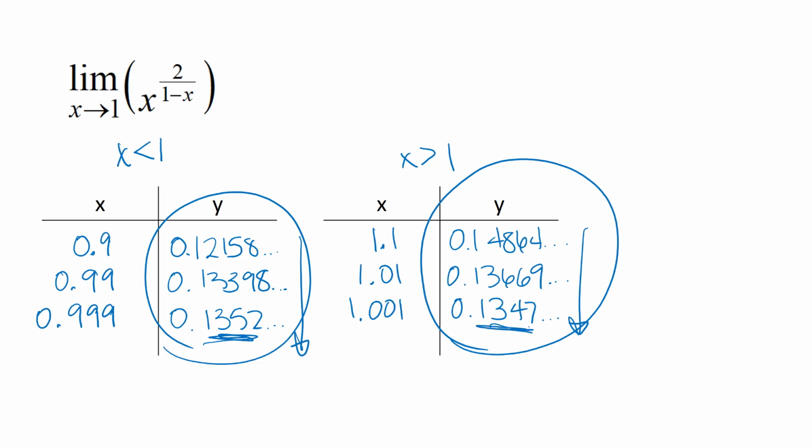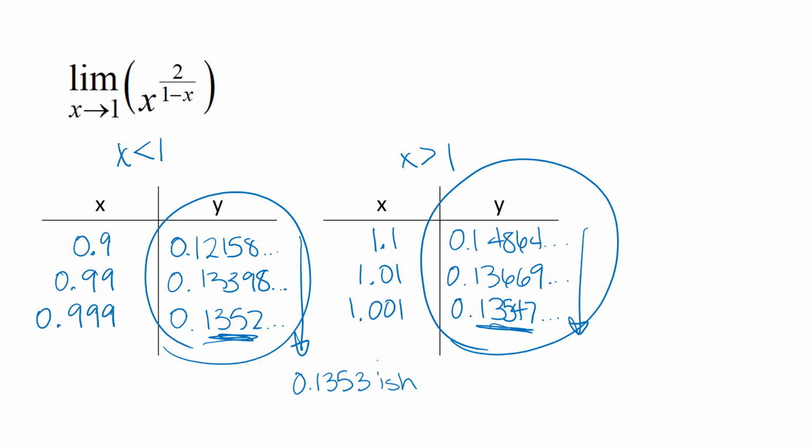Oops, I left a digit off this one: 0.13547. That may be close to 0.135 something, maybe closer to 0.1353-ish. On this one side, these values are a little bit smaller than 0.1353, and on the second table they're a little bit bigger than 0.1353.